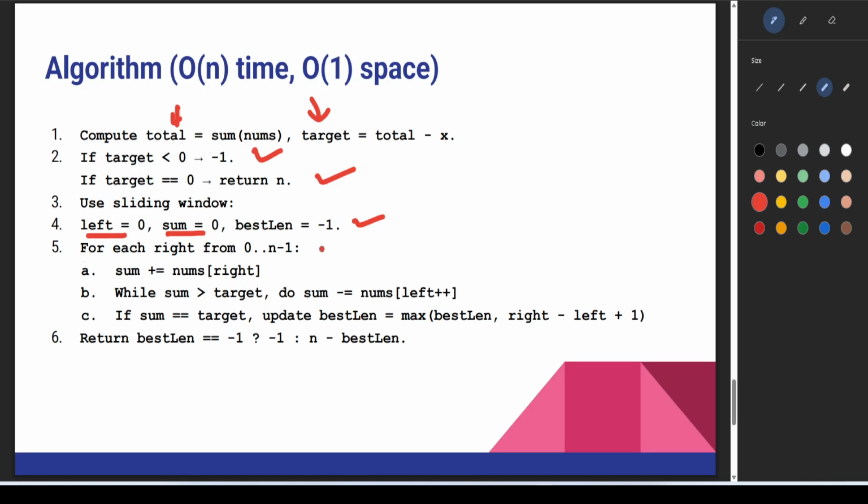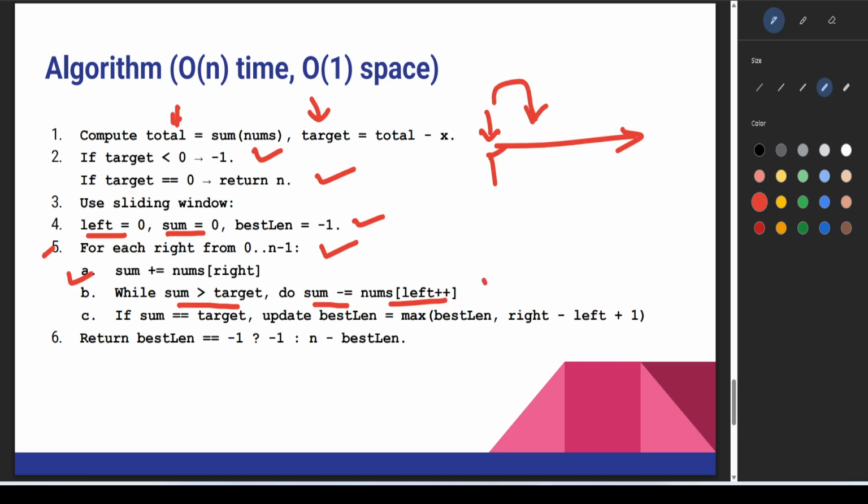We'll iterate over the right from 0, starting the left and right at the same place, right? We know that, and we'll keep moving ahead. The right will keep moving ahead. Okay. So in this case, the 5 is for the right, and we'll keep getting the sum. Sum will get nums at right added. If sum is greater than target, what do we need to do? Sum will reduce from the left, because left we have to move ahead.